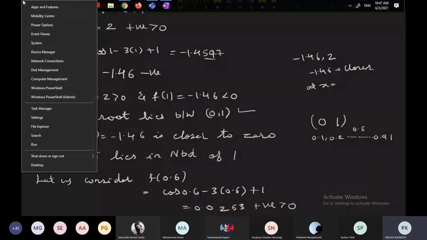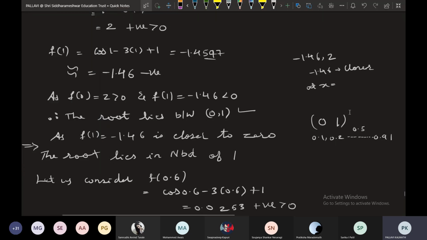My question is, for what value of x did you get minus 1.46? No, not 0, 1. At 1 you got it. So we say for what value of x you are getting the value which is closer to 0, we say the root lies in the neighborhood of that value of x. So I say the root lies in the neighborhood of 1. Understood?